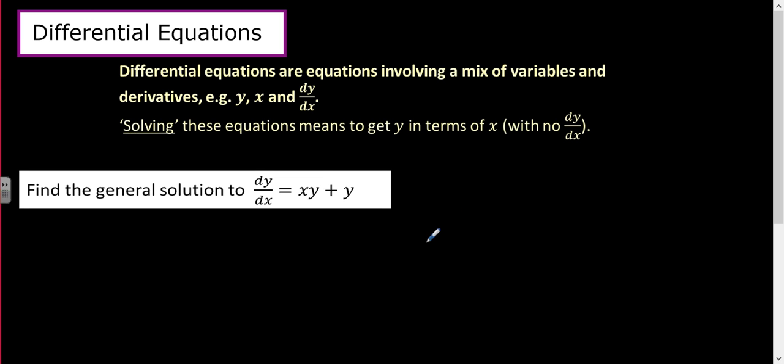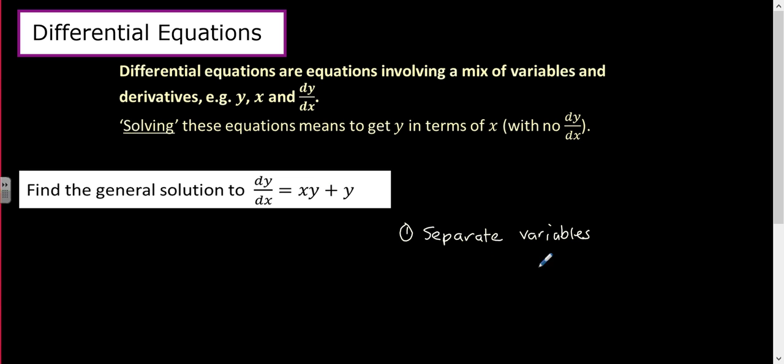The first thing, and there are steps to follow in this, we're going to do what's called separate variables, and I can spell separate, I promise. So we're going to separate the variables. Now, what that means is we want everything to do with y, because we're working with x's and y's at the minute, on the left-hand side of this equation, and we want everything to do with x on the right-hand side of this equation.